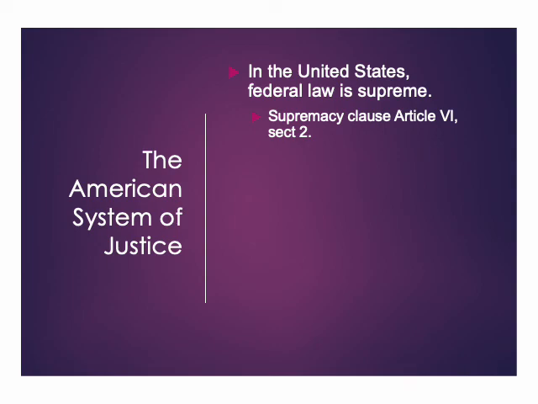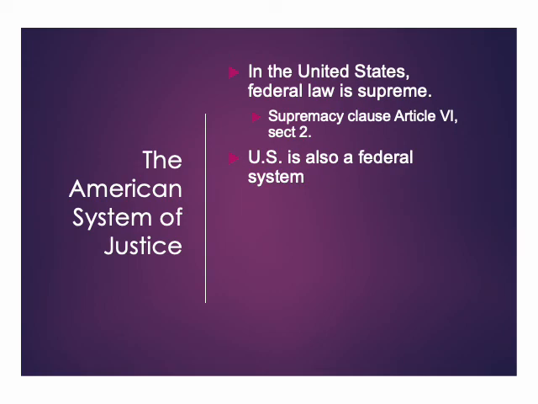So if there's ever a conflict between state law and federal law, federal law triumphs. And if there's a conflict between state law and the federal constitution, the federal constitution takes precedence over state and local law.